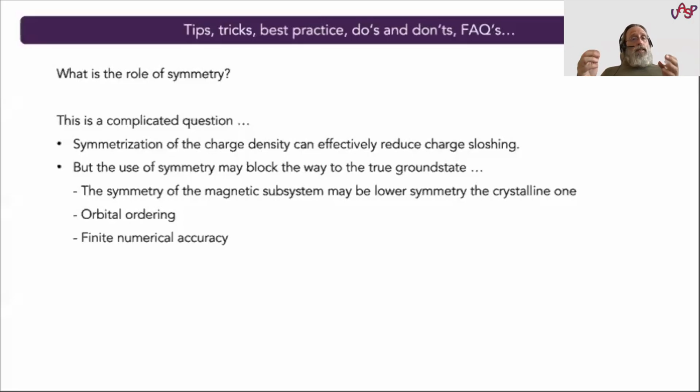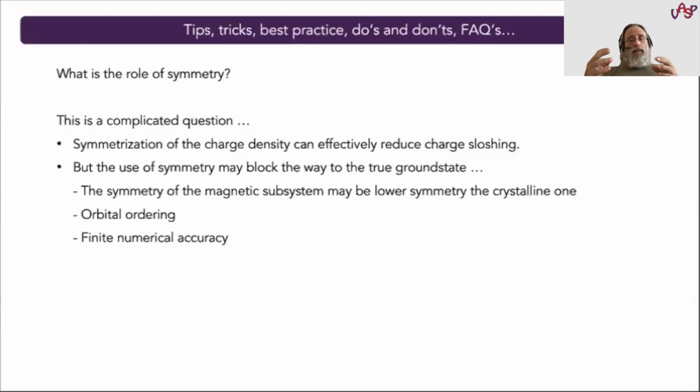So it might be impossible, for instance, if you initialize your system as a ferromagnet, to find an anti-ferromagnetic solution. The symmetrizer will symmetrize that away. And it might be that your electronic optimizer is trying to reach that, so it's trying to change your orbitals in such a way that it will reflect an anti-ferromagnet.